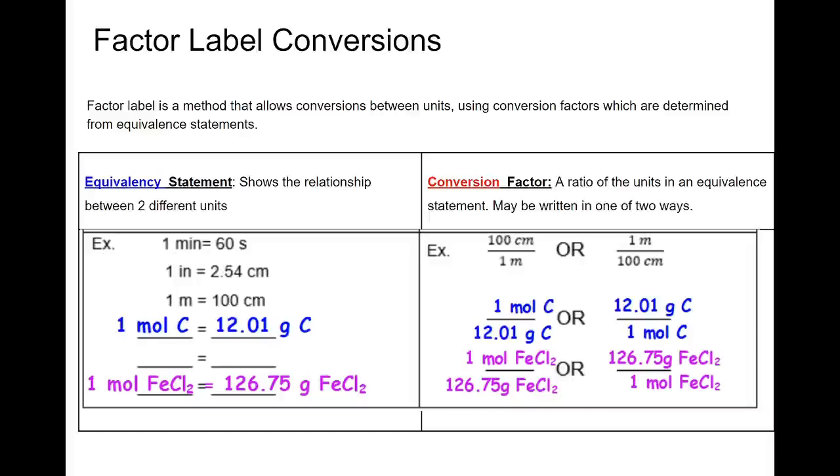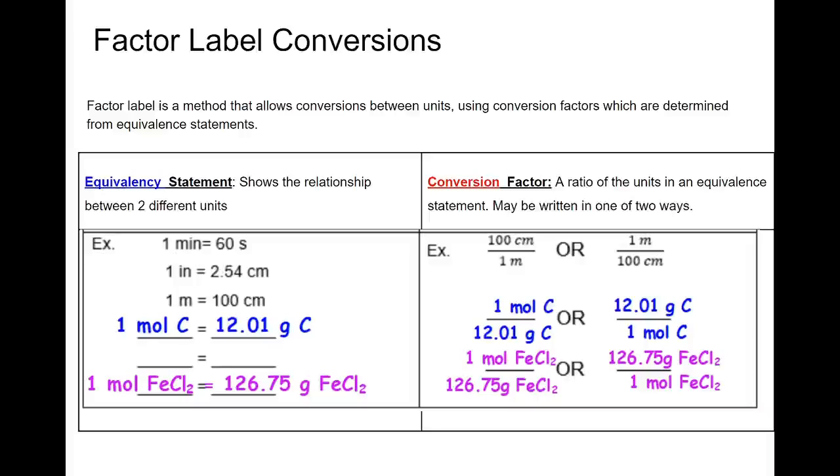So some examples that were already in the box are 1 minute is the same as 60 seconds. 1 inch is the same as 2.54 centimeters. 1 meter is equal to 100 centimeters. In our gizmo, we used a few different equivalency statements. We had our molar mass.